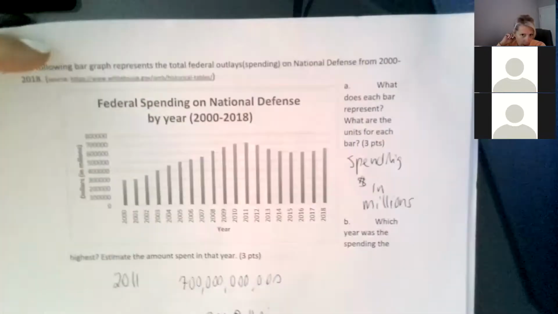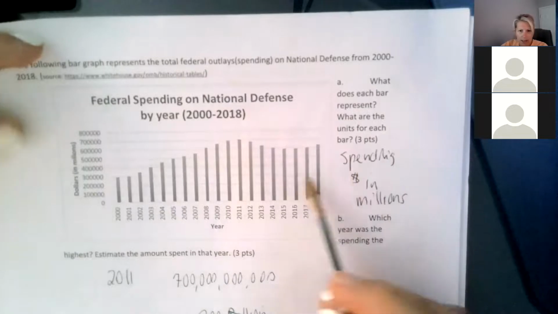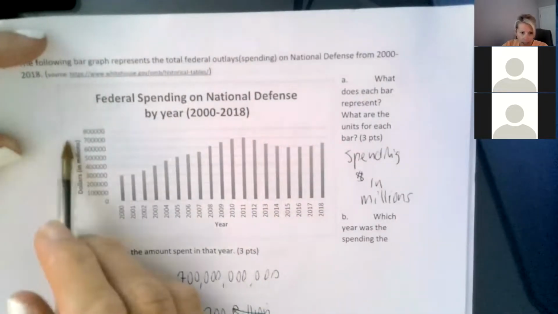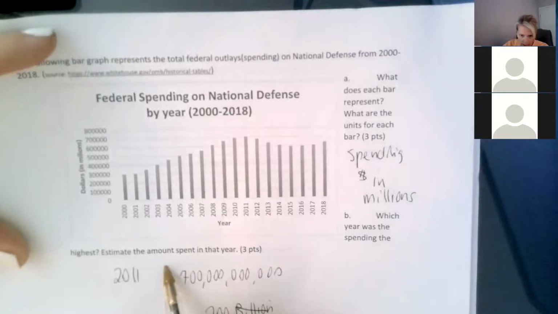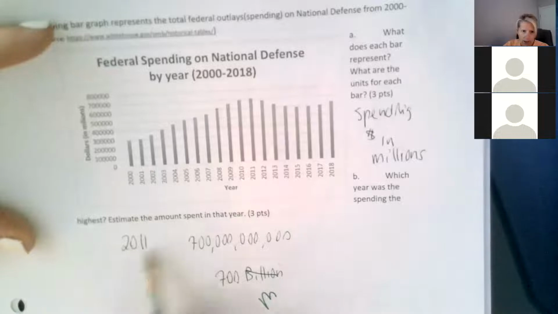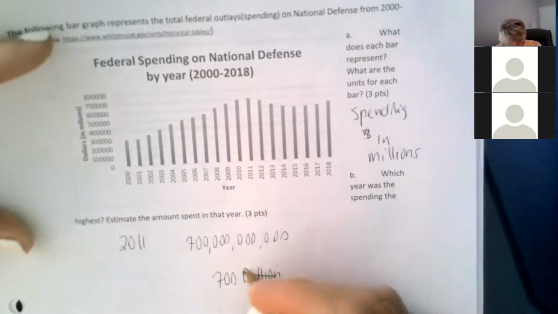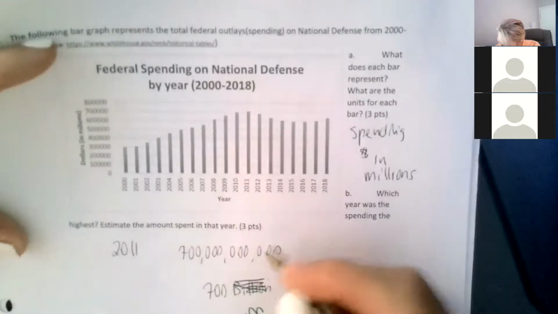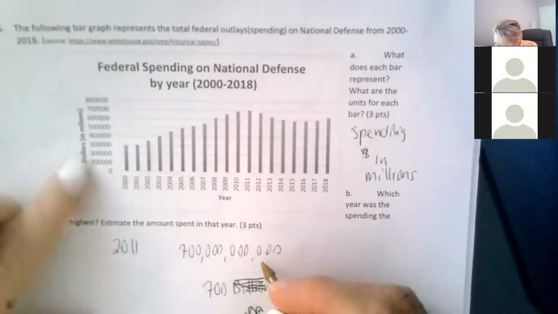Okay, number 5 on the unit 1 review B, letter A, I wanted you to tell me that this is spending in millions of dollars, because that's going to lead you to how to answer B correctly. Because it says, which year was the highest spending, 2011, and what was the amount? And so you needed to tell me it was 700 billion, because this is in millions.